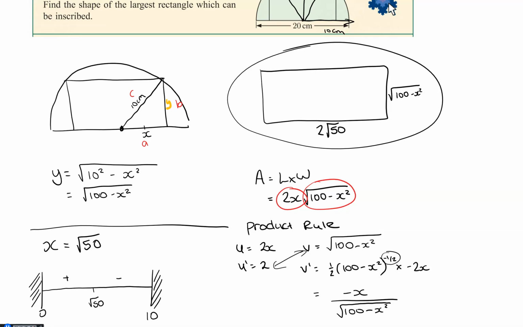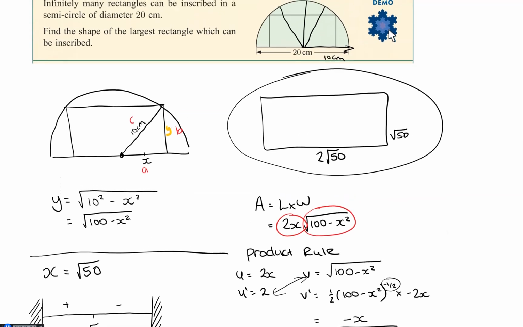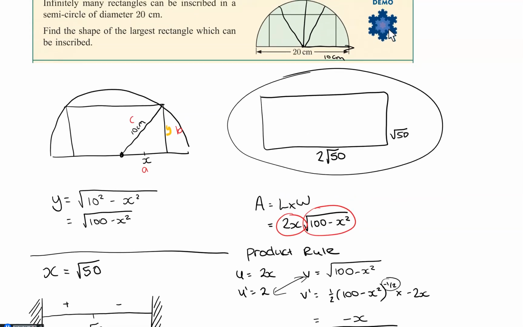And this one is going to be root 50 squared, and that squared and that root will cancel each other out, so it'll be 100 take 50, which makes it root 50 as its height. And that is the largest rectangle that you could fit inside that semicircle.